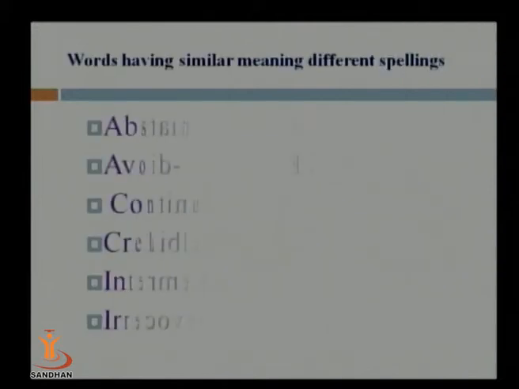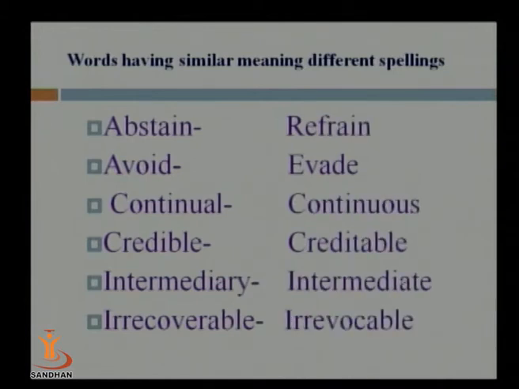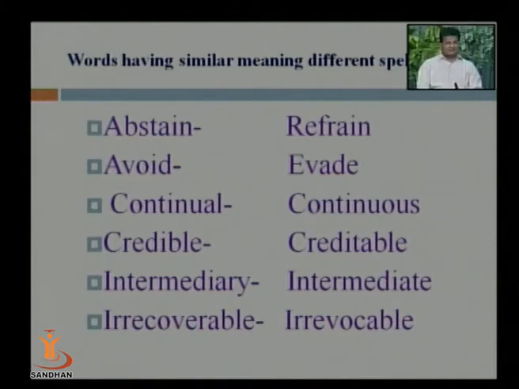Now we'll see words having similar meanings, different spellings. Here meanings are similar, the spellings are entirely different. Abstain, refrain, avoid, evade, continual, continuous, credible, creditable, intermediary, intermediate, irrecoverable and irrevocable.